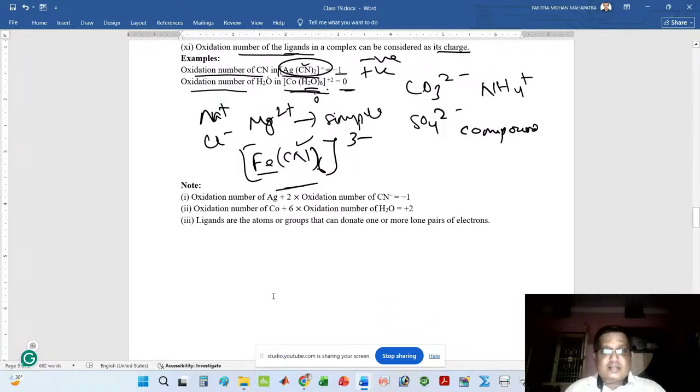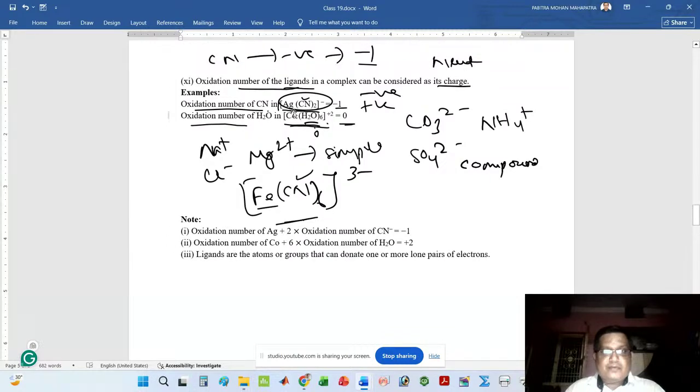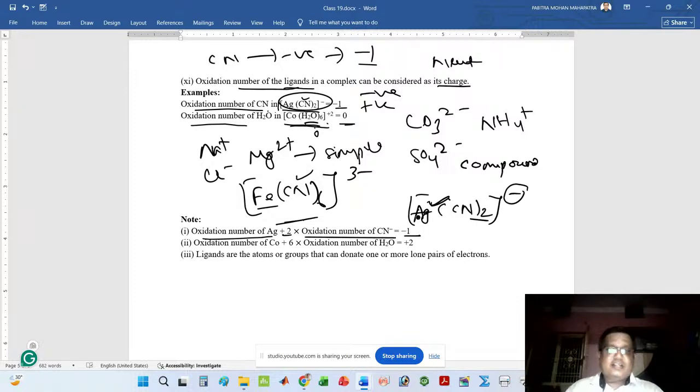For the complex compound Ag(CN)2 -, you can say that the oxidation number of Ag plus 2 times the oxidation number of CN- is equal to -1. Already I discussed NH4+, CO3 2-, SO4 2-, and we know that clearly.